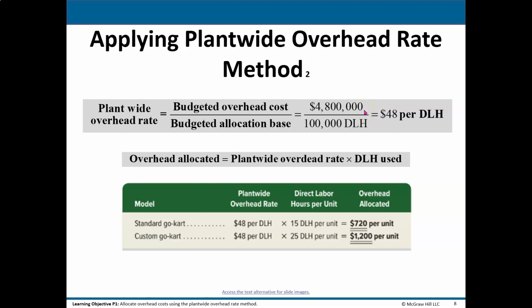Under a plant-wide rate overhead system, we base that off whatever allocation base we feel is best as a cost driver, and that would be 100,000 direct labor hours. So when we take that 4.8 million divided by our allocation base of 100,000 direct labor hours, we're going to assign overhead of $48 for every direct labor hour incurred in the making of the standard go-kart and of the custom go-kart.